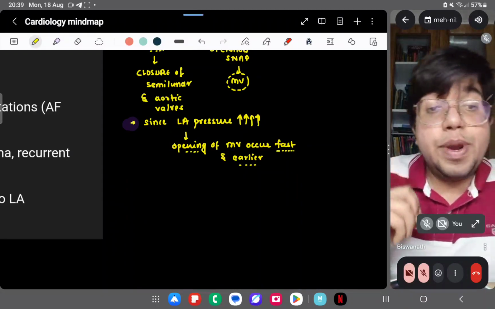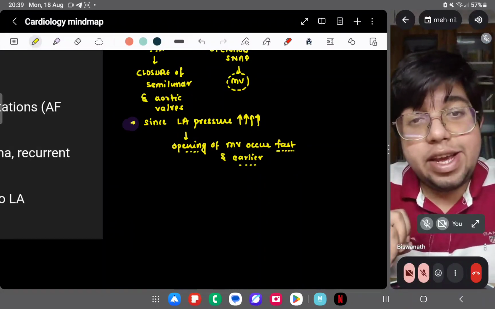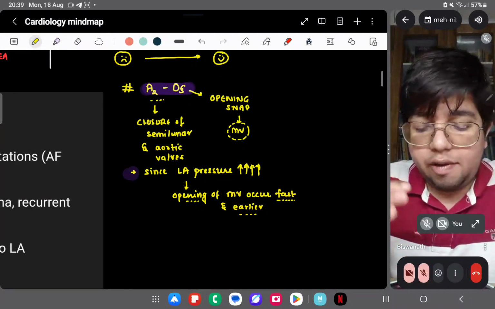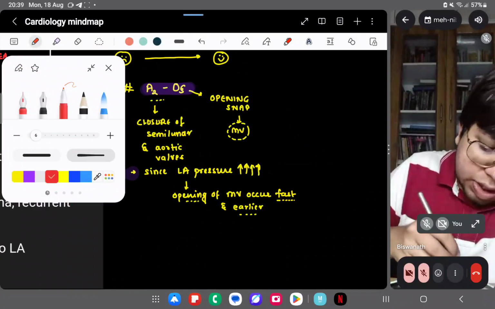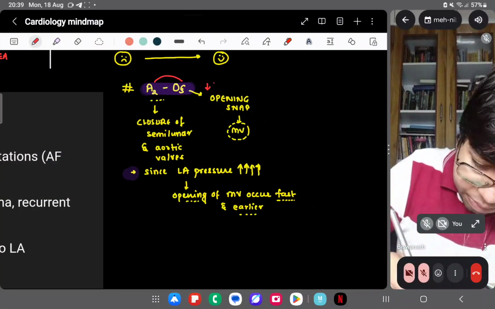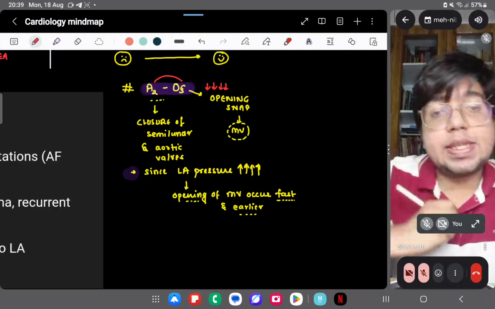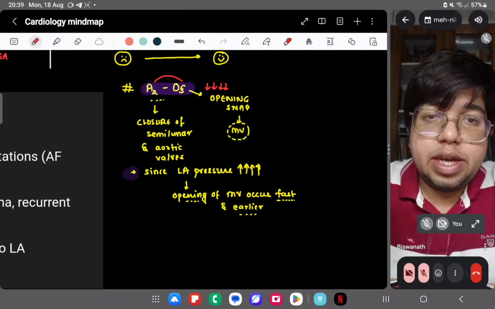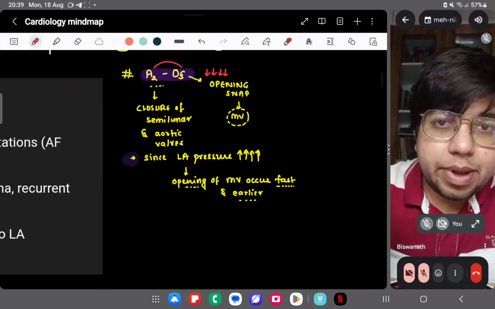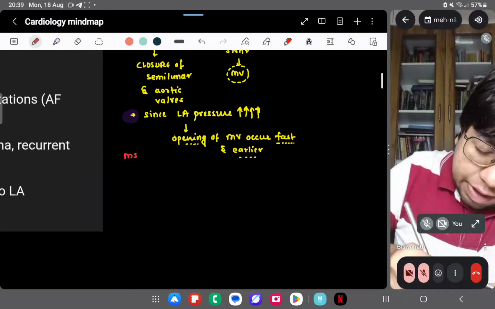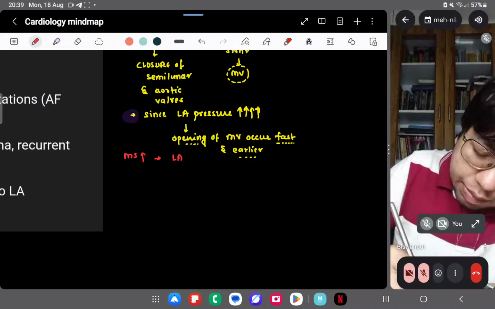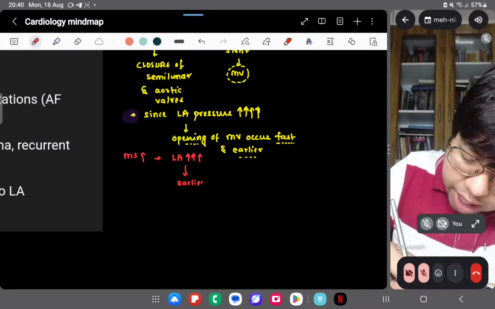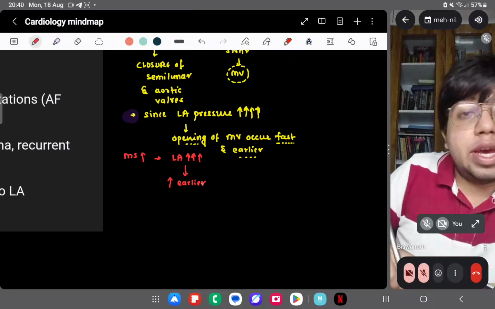If opening occurs fast and earlier, what will happen to the duration from the closure of the semilunar valve to the opening? It will occur fast, so this duration decreases. We say that the shortening is directly proportional to the severity of MS. If the MS is more severe, there is more LA pressure, and the earlier the opening will be.